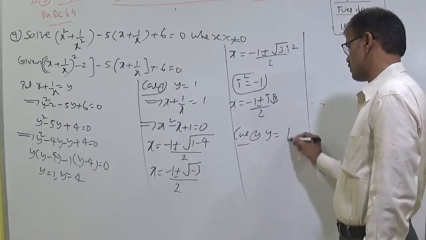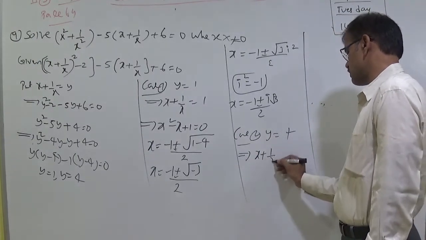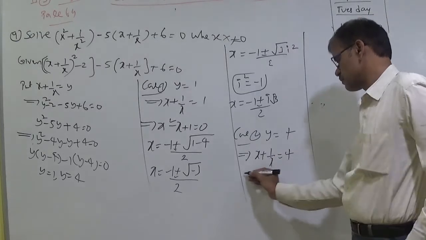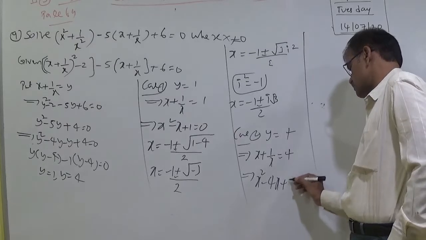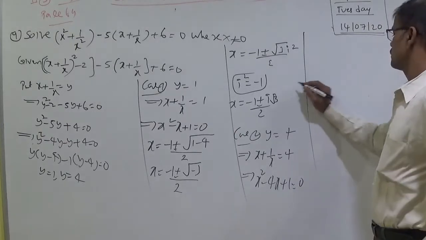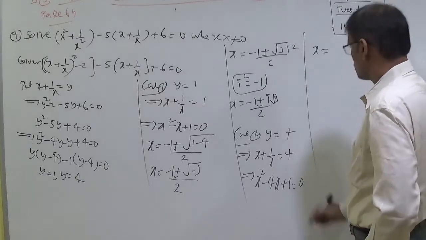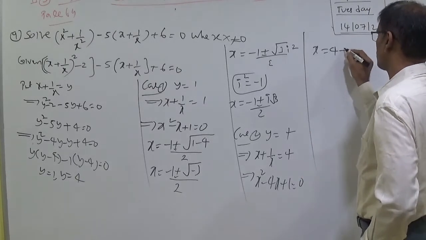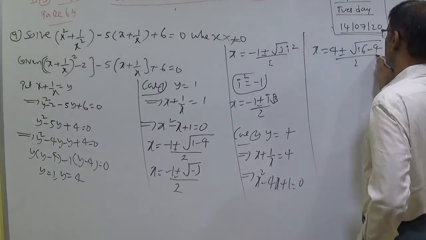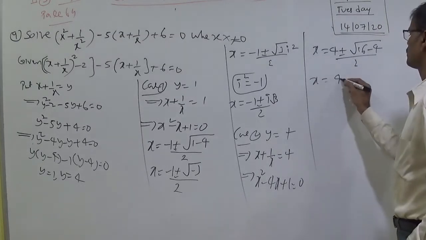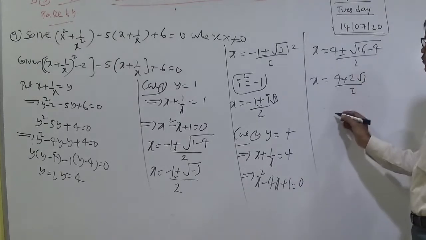Next case 2. Case 2 is y is equal to 4. That implies y meaning x plus 1 by x is equal to 4. That implies x square minus 4x plus 1 equal to 0. For this equation also we have no proper factors. So you can take the formula minus b plus or minus root b square minus 4ac by 2a. So x is equal to 4 plus or minus 2 root 3 by 2. 16 minus 4 becomes 12.